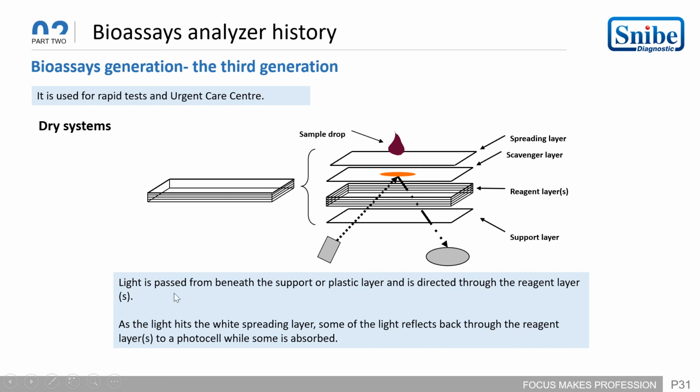The light is passed from beneath the support or plastic layer and is directed through the reagent layers. When the light hits the white spreading layer, some of the light reflects back through the reagent layers to a photocell, while some is absorbed.